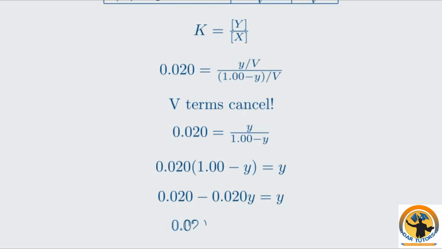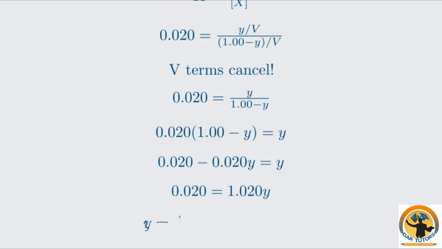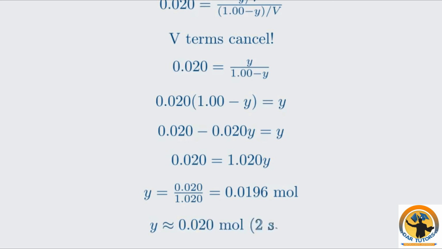Distribute the 0.020 and then group the terms with y on one side. This gives us 1.02y equals 0.020. Solving for y, we find that y is approximately 0.196 moles. We round to two significant figures, so the amount of Y formed at equilibrium is 0.020 moles.